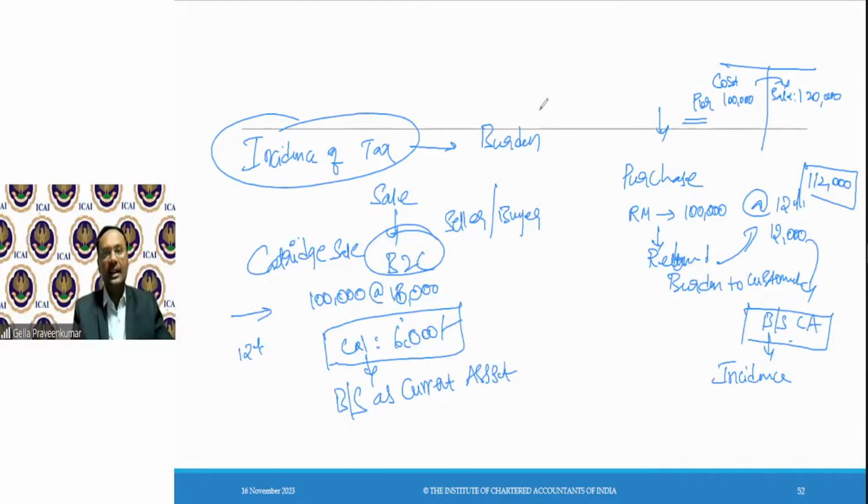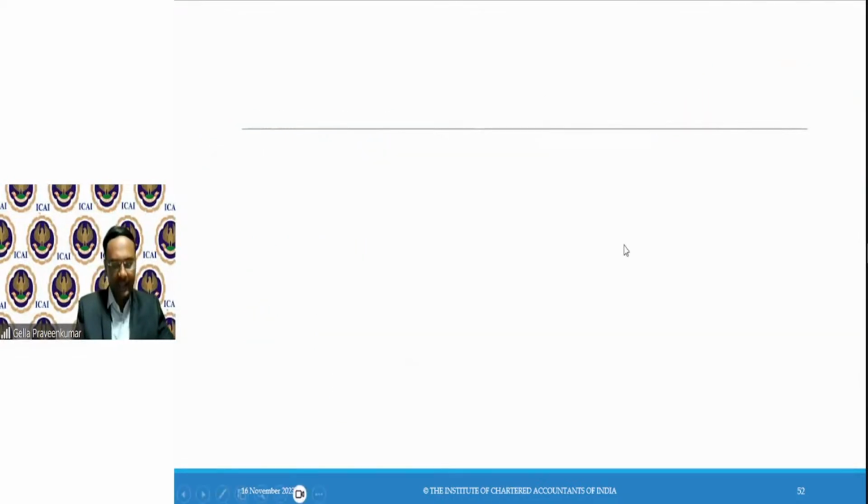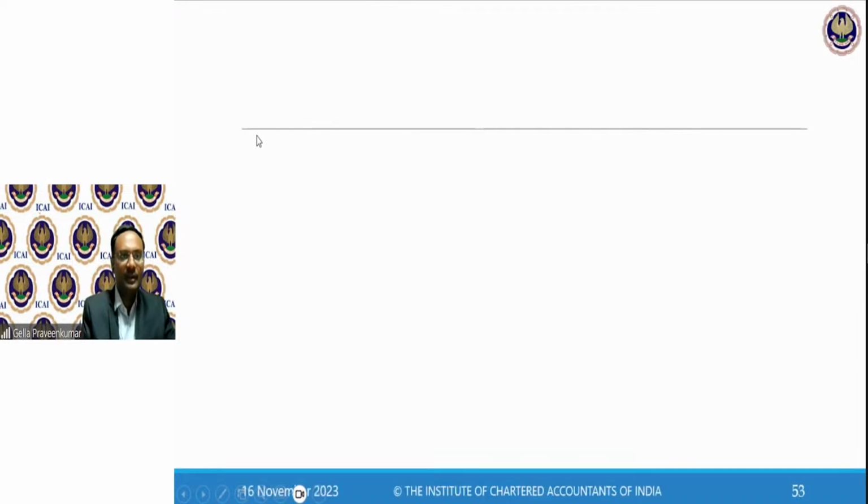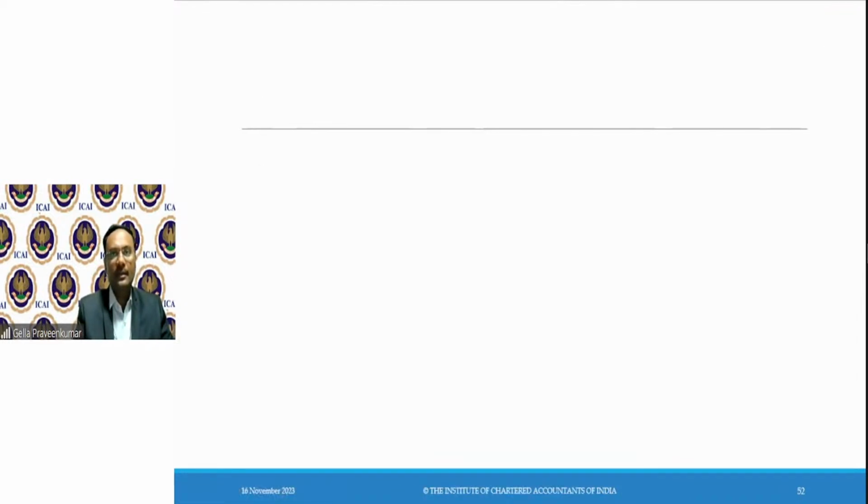I repeat, debit note or credit note under GST is issued by seller.